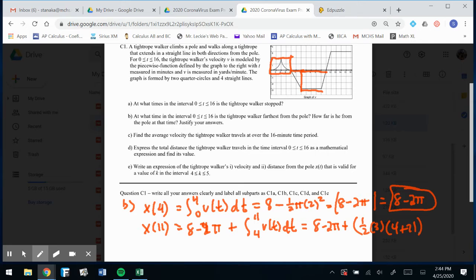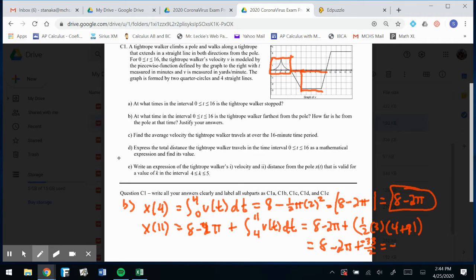Okay, so what does that give me? That gives me 8 minus 2 pi plus, what is that? Ooh, what did we say? 7. That'd be 11, so 33 halves. But it's going to be negative because it's below, so let's put the little negative sign there. And 8 is 16 over 2.